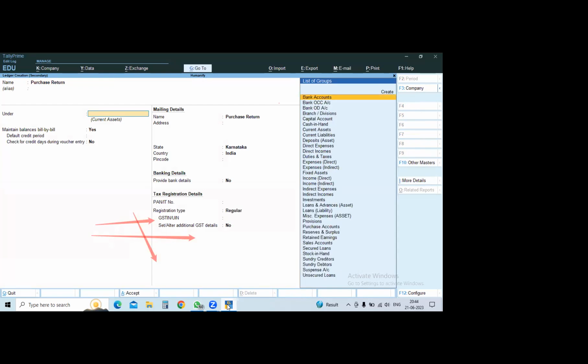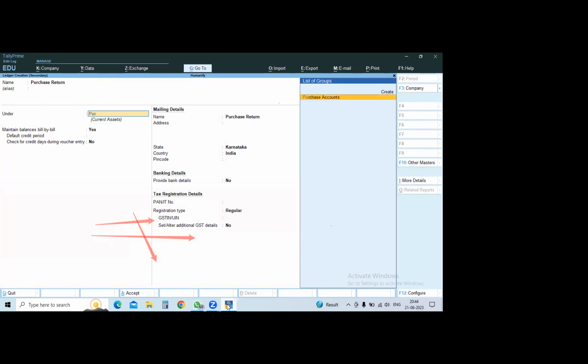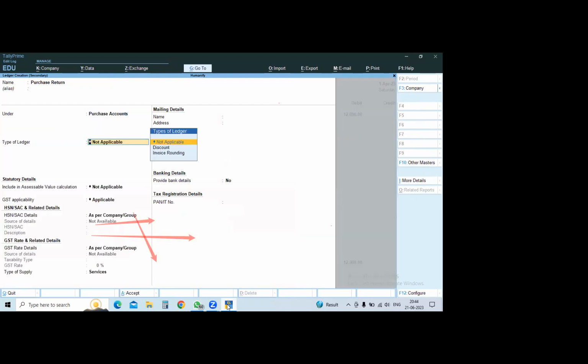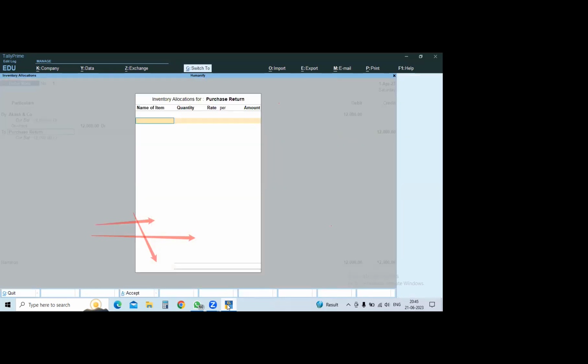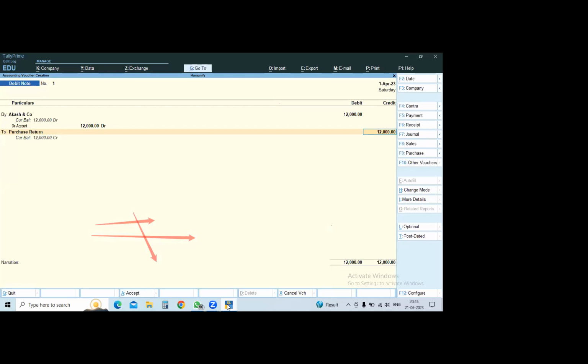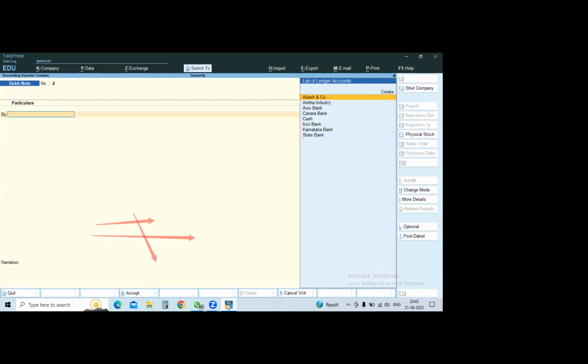Purchase return means purchase account only. I created it. That's it. Accept, Control A.